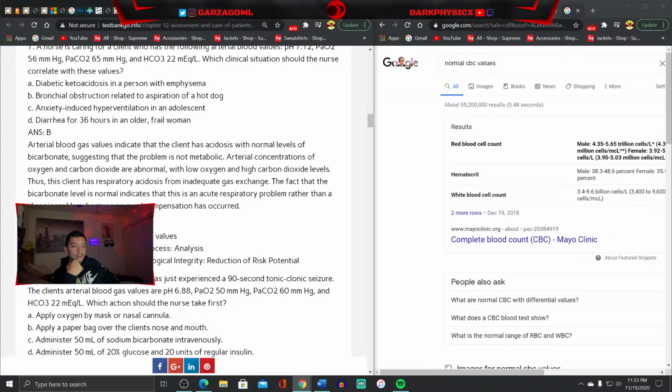The glucose and insulin, I don't think so. But damn, that pH is so low, it's throwing me off. It's either A or C. This is an acute thing, I think, because they had a 90-second seizure. It just happened. There's no way the kidneys are going to kick in time to compensate.